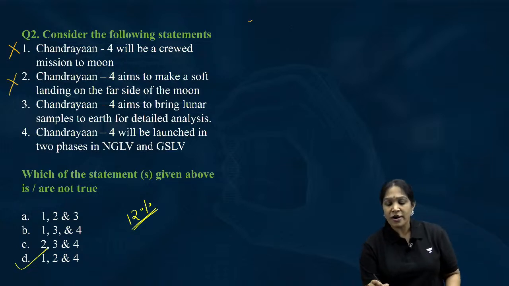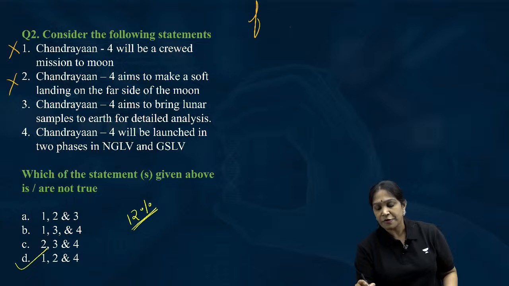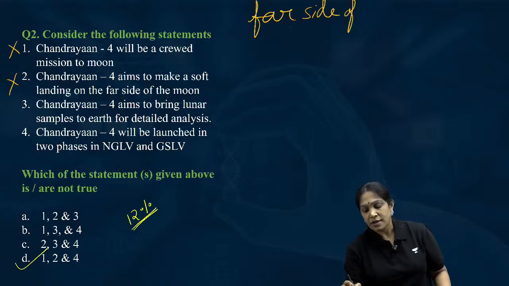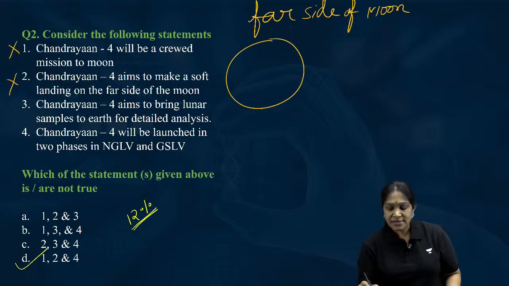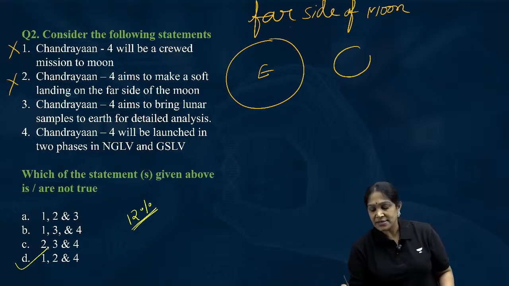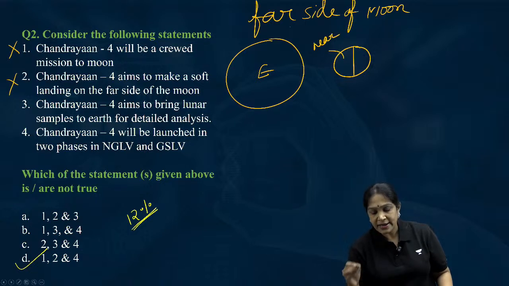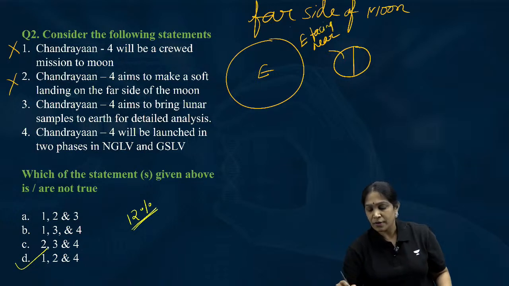By the way, what is the far side of the moon? Imagine this is the earth and this is the moon. This is called the near side or earth-facing side.